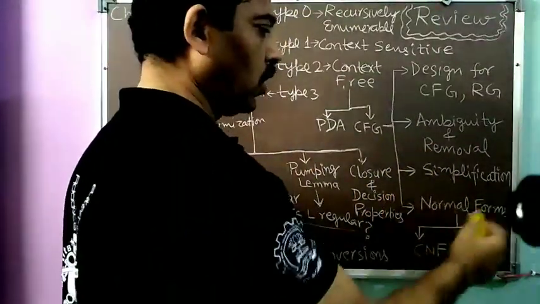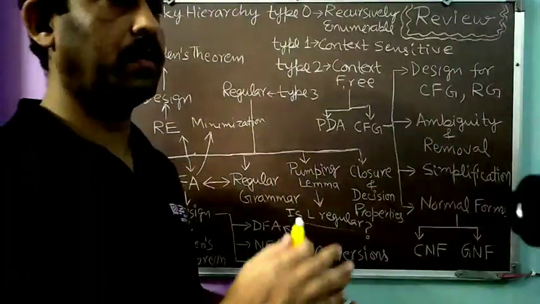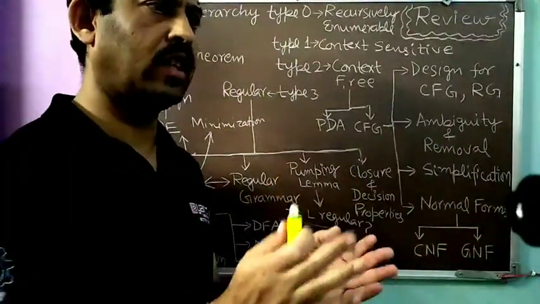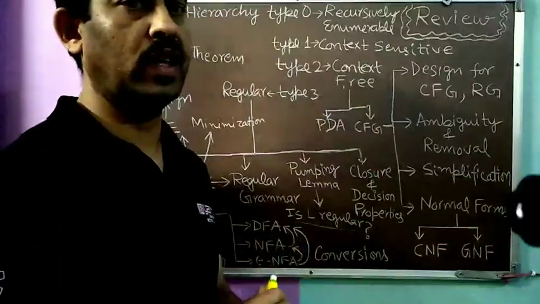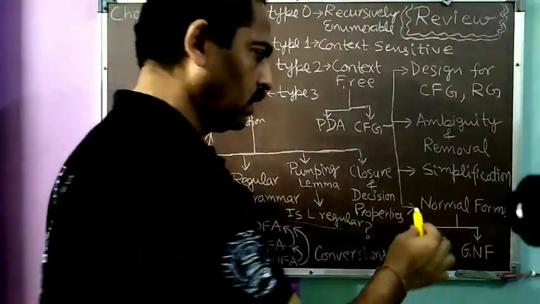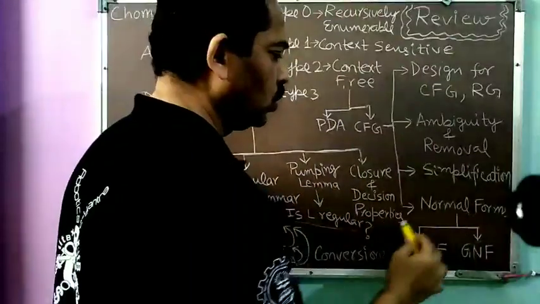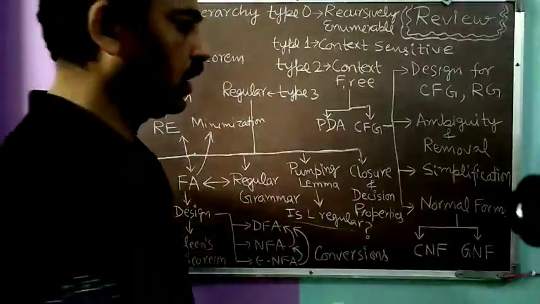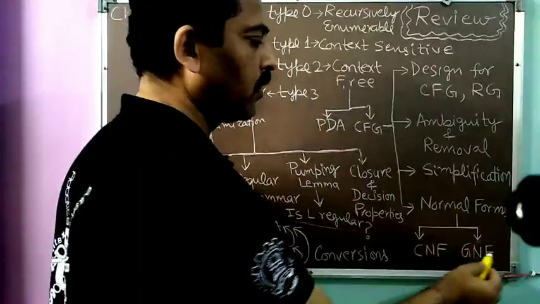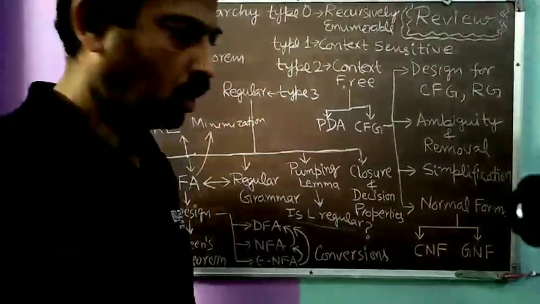Then we have discussed normal forms. These normal forms are the restricted forms of the context-free grammar. These forms are useful for different purposes. Two different kinds of normal forms we have discussed: CNF, the Chomsky normal form, and GNF, the Greibach normal form.